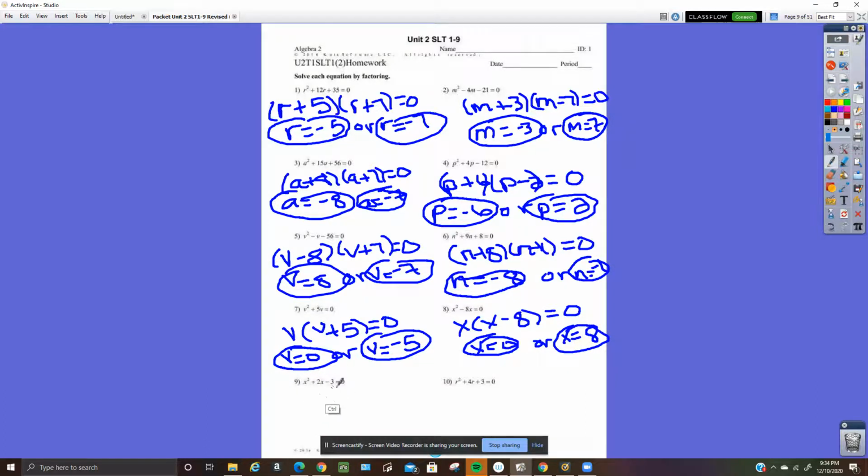And then number 9, factors of -3, they give you 2, x plus 3, and x minus 1.